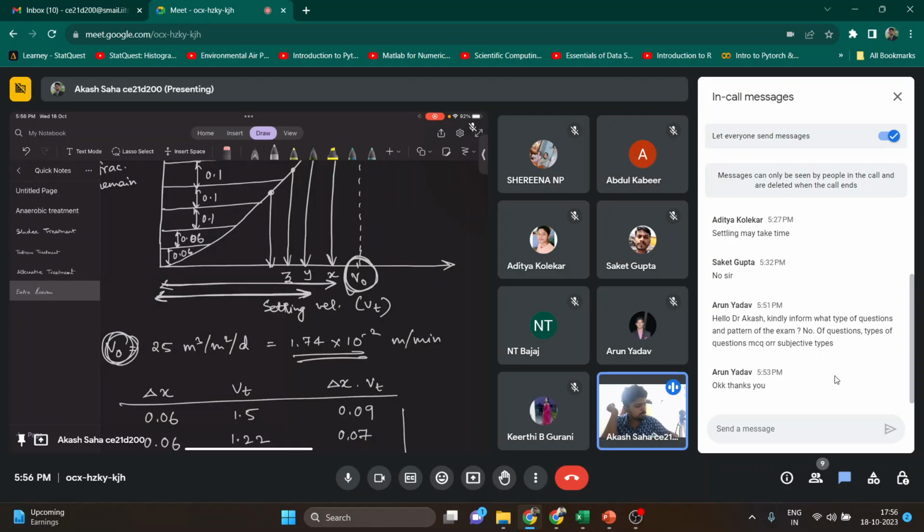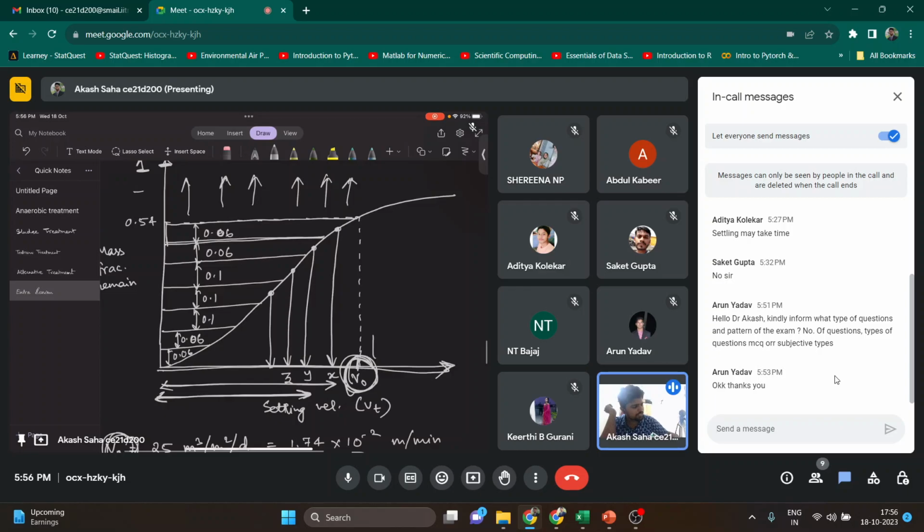So this point on the y-axis will be somewhere here, 1.74. I will draw a vertical line to the curve from here, and then from this point, I will extend a horizontal line. So this is my point of intersection, and this point of intersection is 0.54 in this graph.